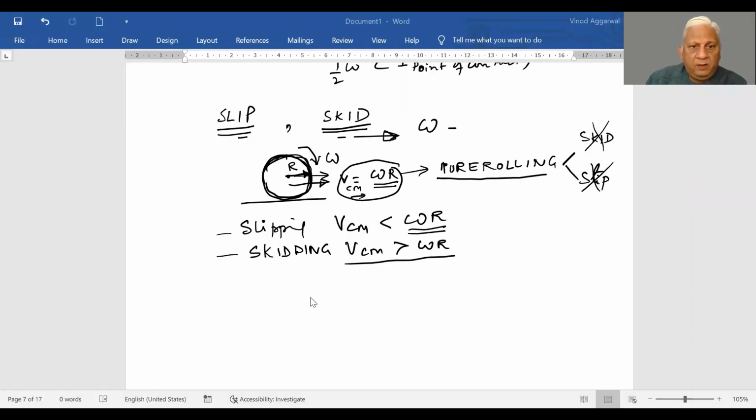Now, if you are riding your bike without any skidding, then we know if this is the R radius of your tire, you are rotating with angular velocity omega, then center of mass will move forward with the velocity R omega, right?